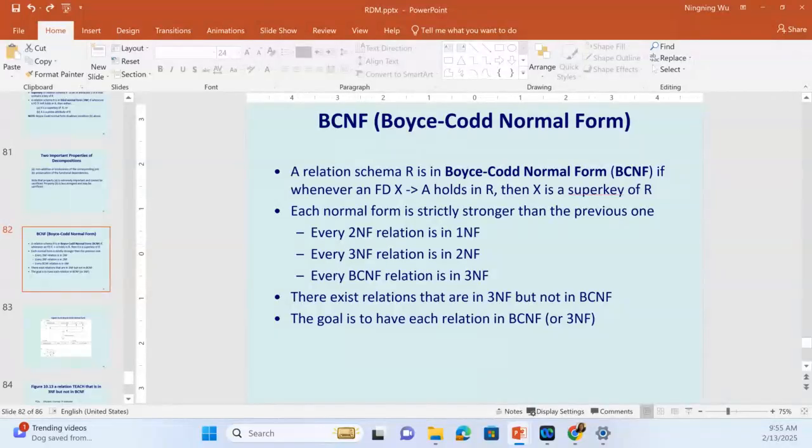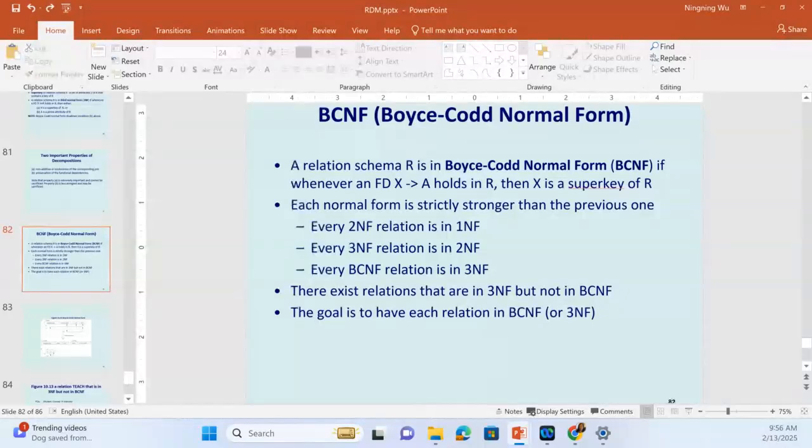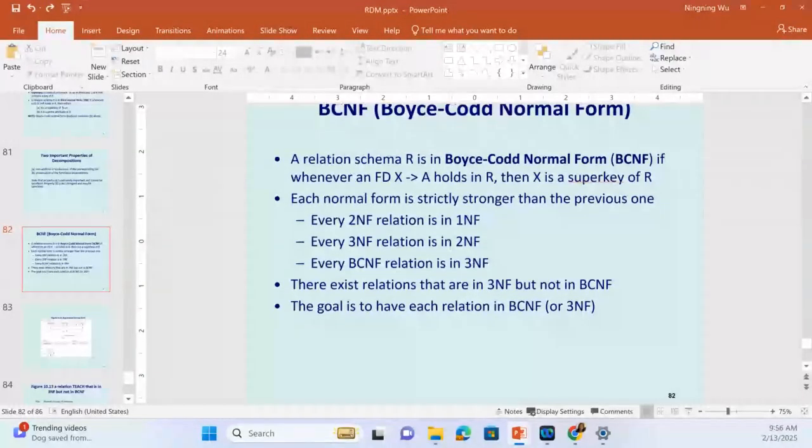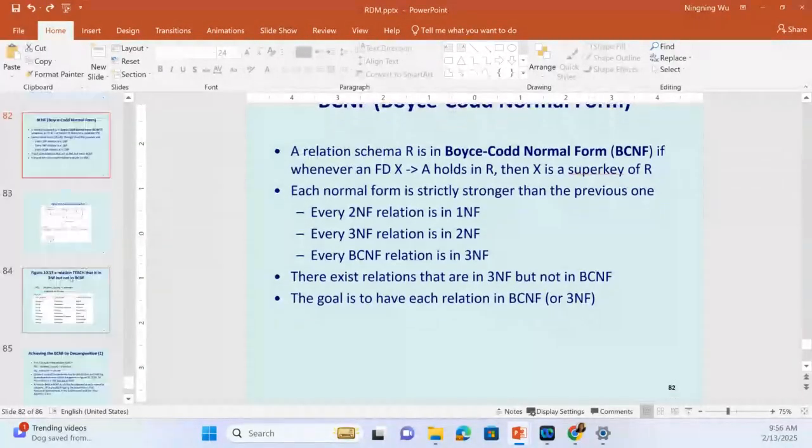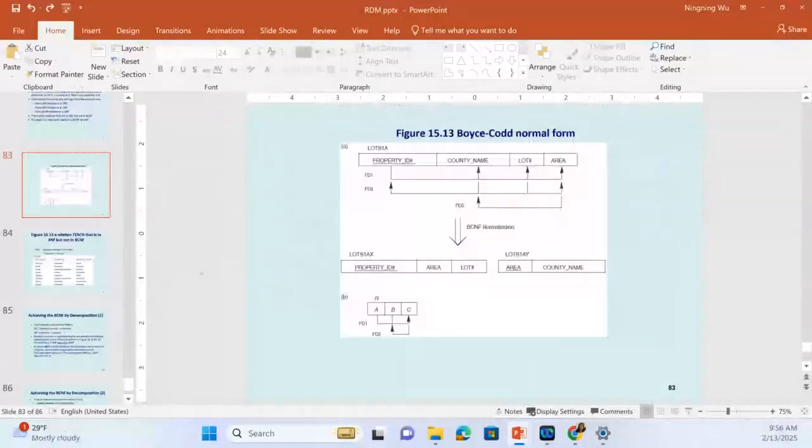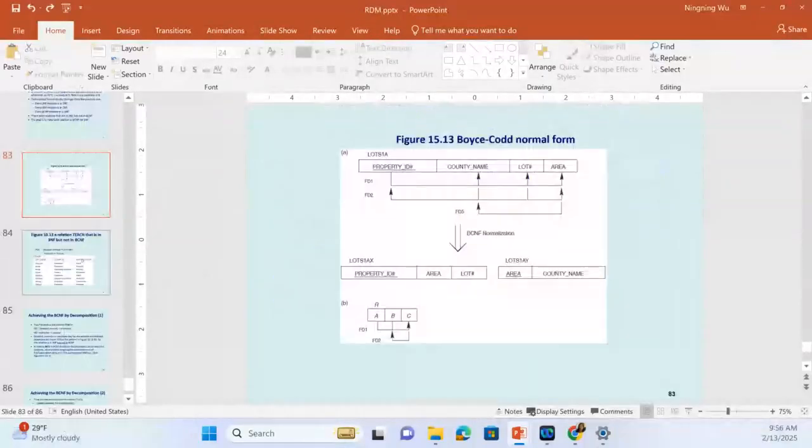Then for BCNF, every BCNF relation must be in 3NF. So we can tell that BCNF is stricter than 3NF, and 3NF is stricter than 2NF, and so on. I think those two slides give you two good examples showing that a relation is in 3NF but not in BCNF.